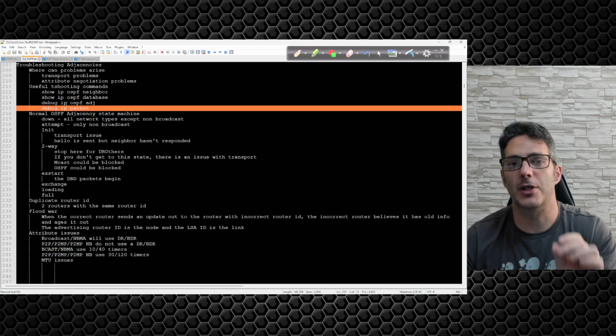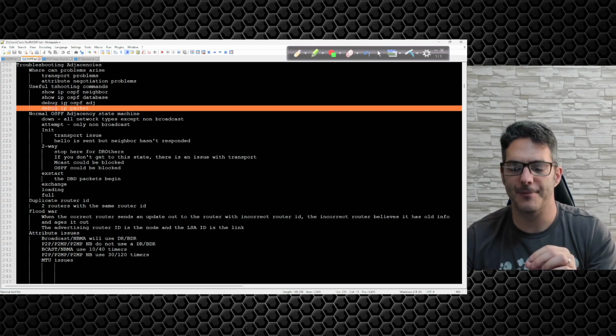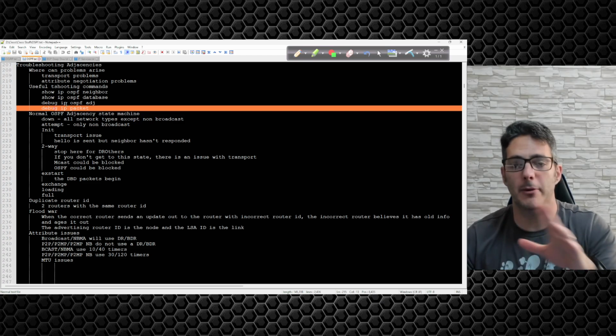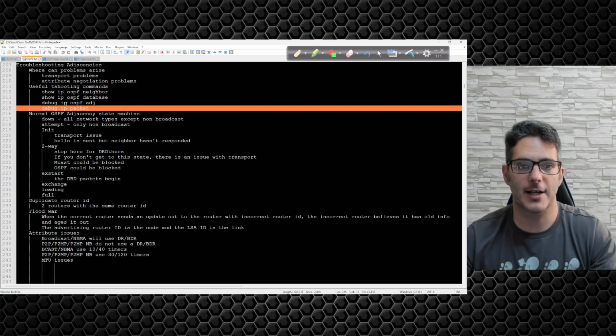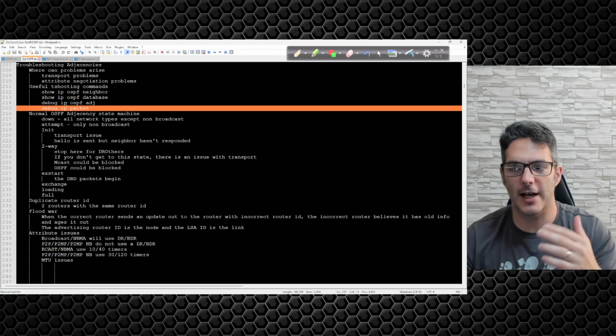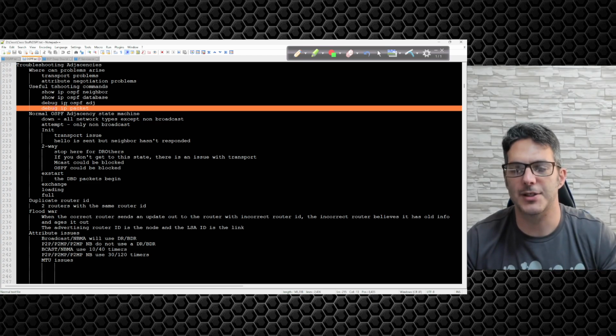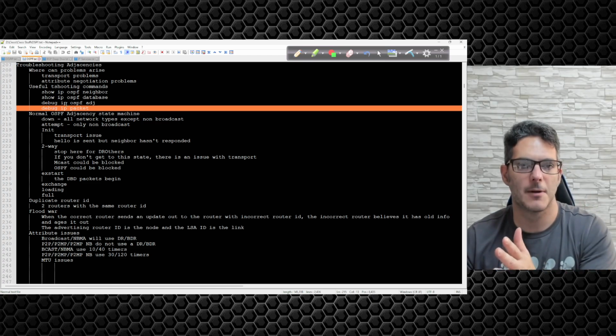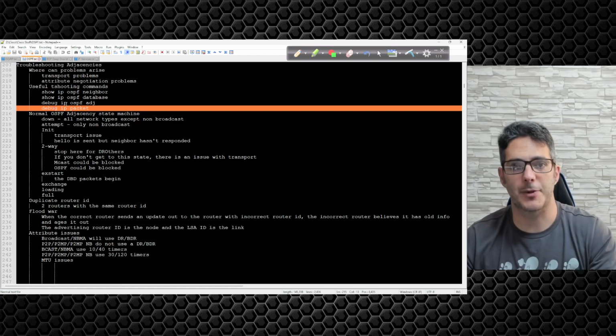Know what it looks like when it's working correctly. And when you know what it looks like when it's working correctly, then do something to try to break it, whatever fault you want to inject. And then with a handful of debugs running, you'll be able to start seeing good versus bad.